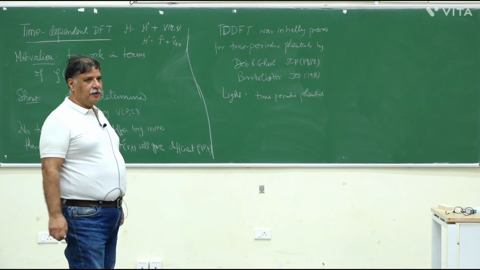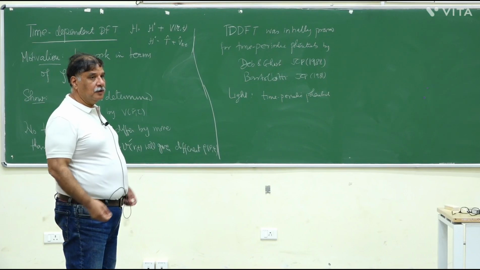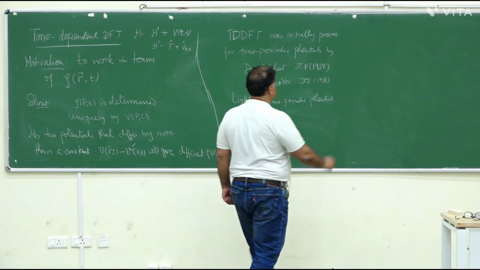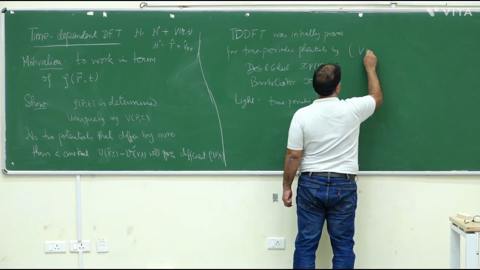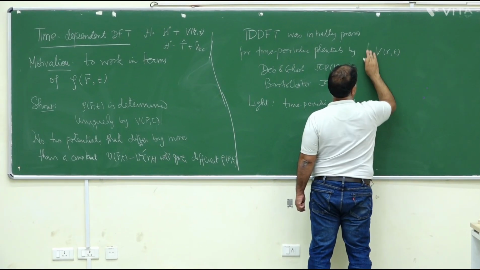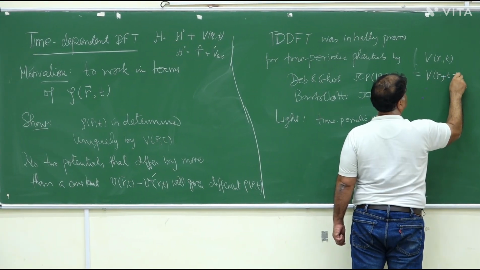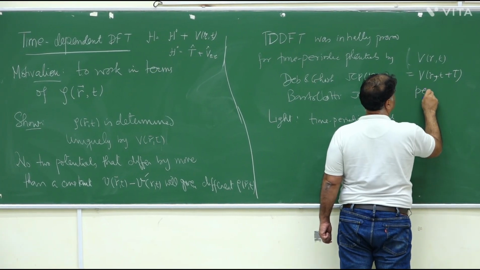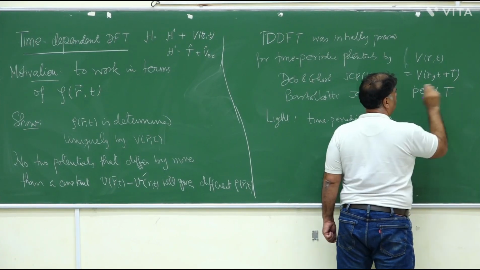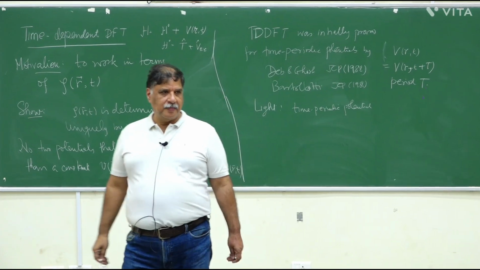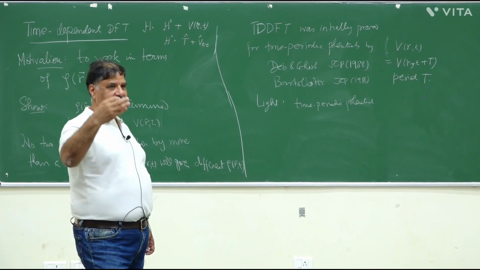Alright, so it's periodic in time. That means v(r,t) is equal to v(r,t+T), with period T, e raised to minus i omega t.